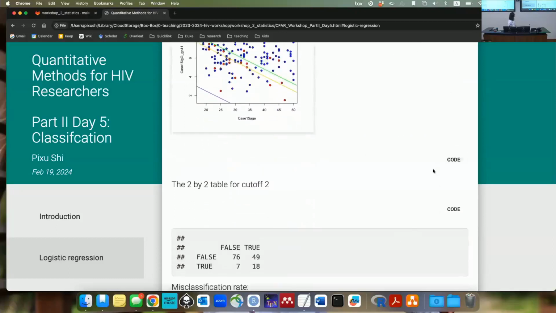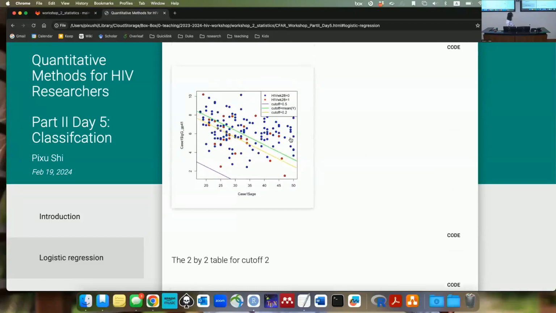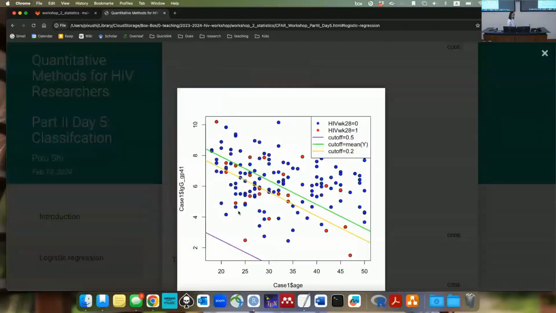And if you choose different cutoffs, you will have different misclassification rates. If your cutoff is this purple line, your misclassification rate is basically all the positive cases, all the infected patients, which are wrongly classified.